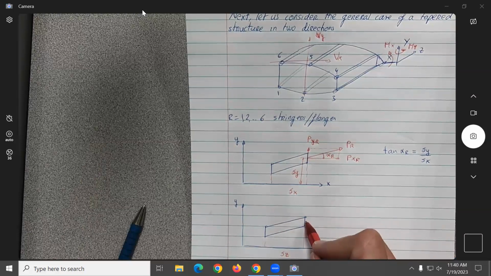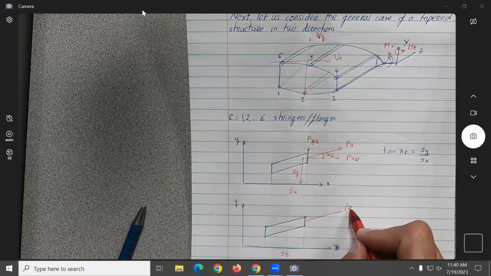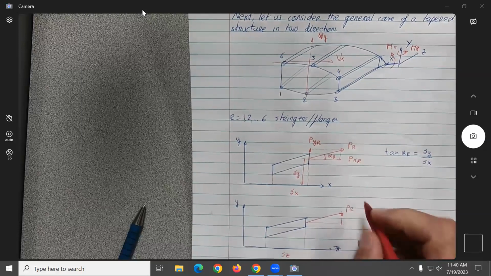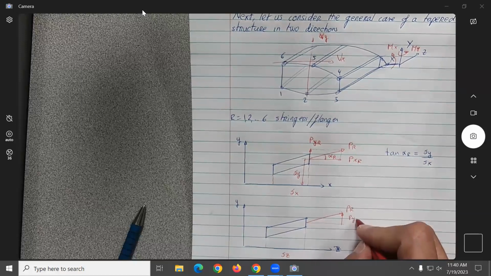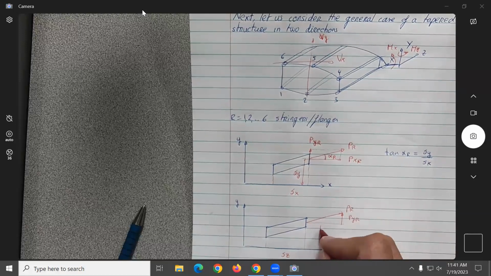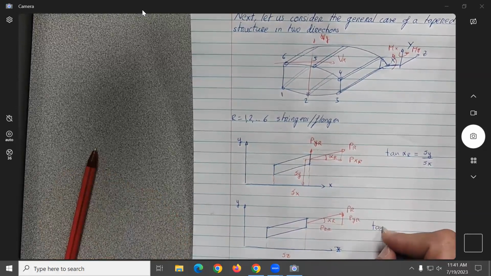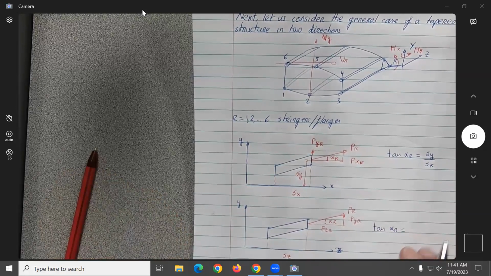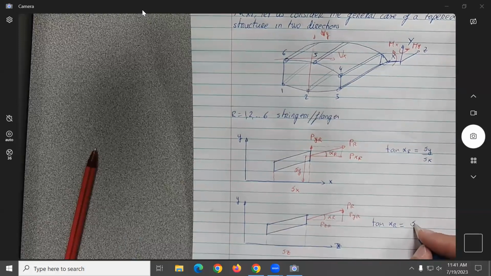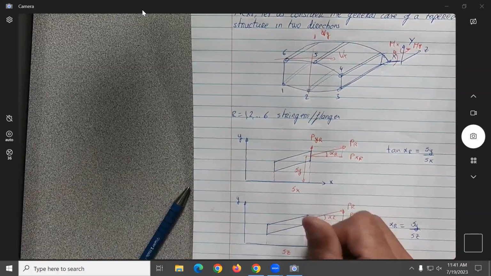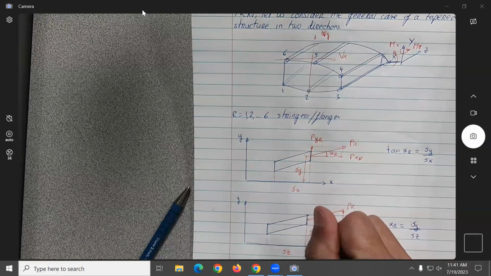We have here again a p sub r. This will be the py sub r. I might do it differently this time. This will be the pz sub r. This will be the alpha sub r. And this time the tangent alpha sub r will be delta y over delta z. This will be delta z. And this distance here will be delta y.